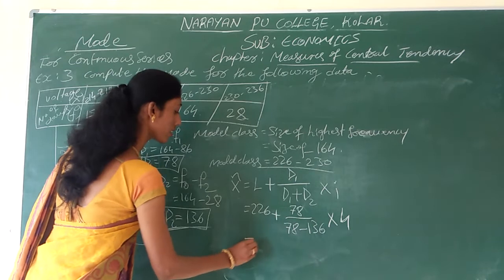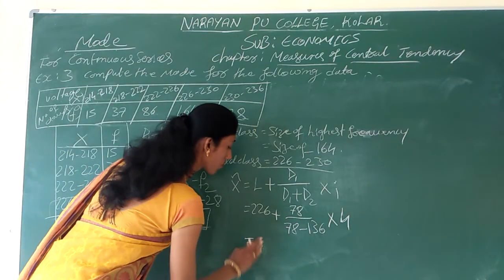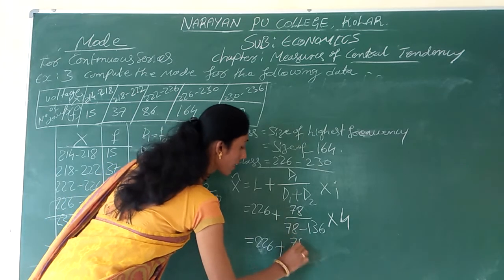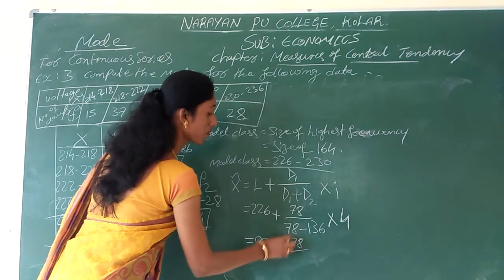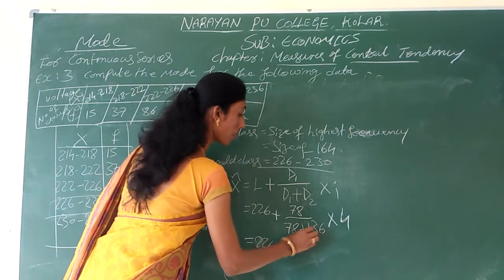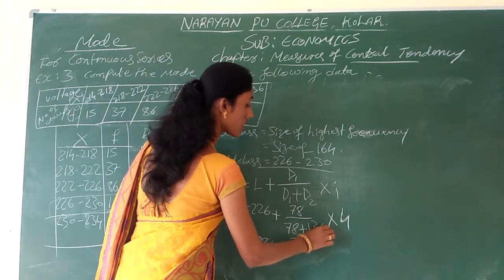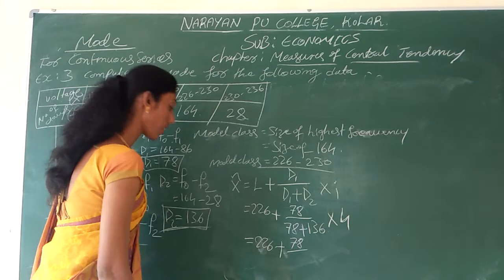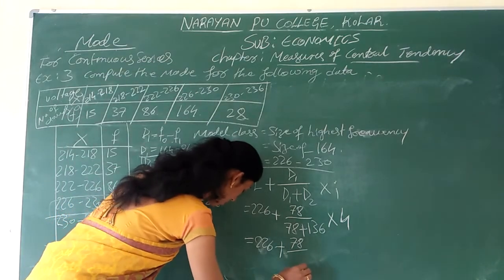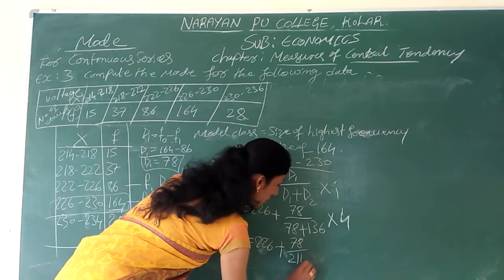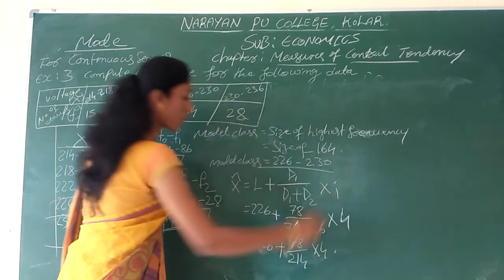Now we simplify this. 226 plus 78 divided by 78 plus 136. How much? 78 plus 136 will be 214, into 4 we need to do.